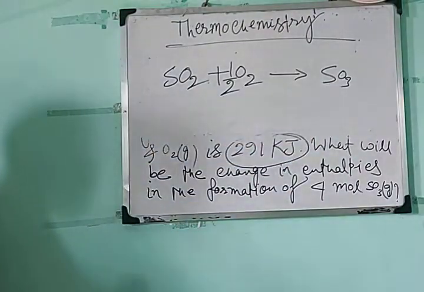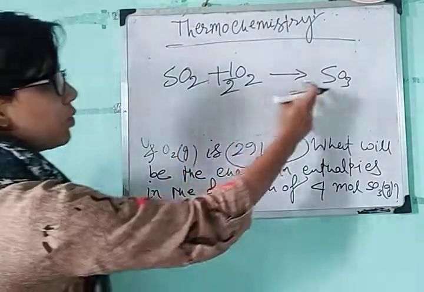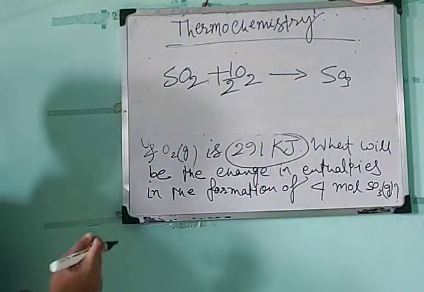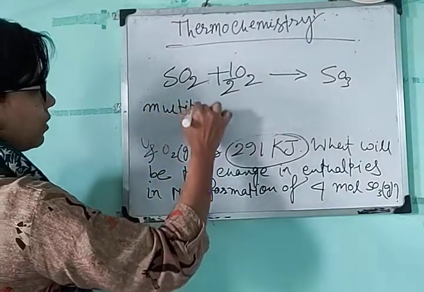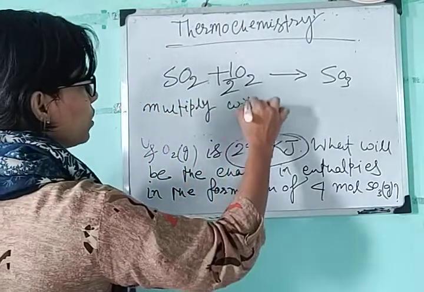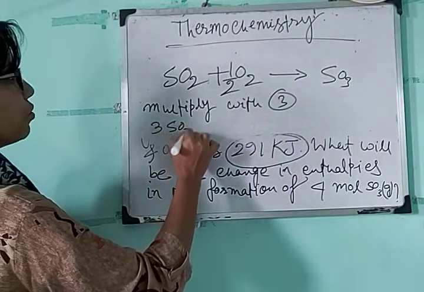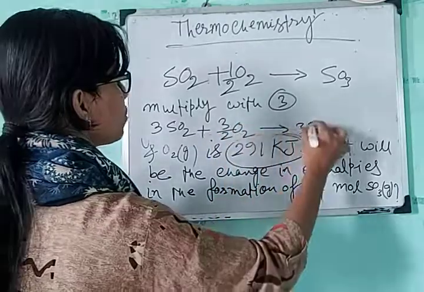For 3 mole sulfur trioxide, the value is given as 291 kilojoule. But here, from this formation reaction, we are getting 1 mole. So we have to convert this equation to 3 mole. So multiply with 3. Then you will get 3SO2 plus 3/2 O2 giving 3SO3.